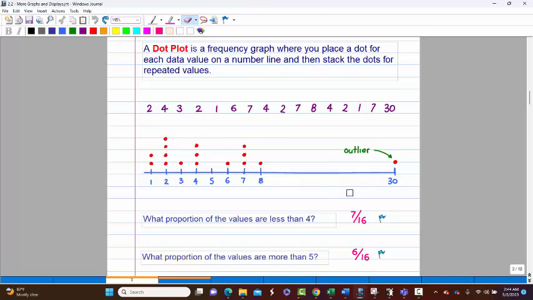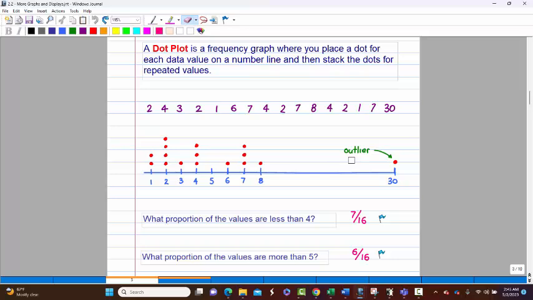Now this is not scaled perfectly. I wanted to have enough width. The 30 would actually be farther out there. You see that 30 right there at the end. But this is a term we're going to be using frequently in this class: outlier. So we're getting introduced to the idea of what an outlier is. In general terms right now, an outlier means a number that's far removed from the data, either high or low.